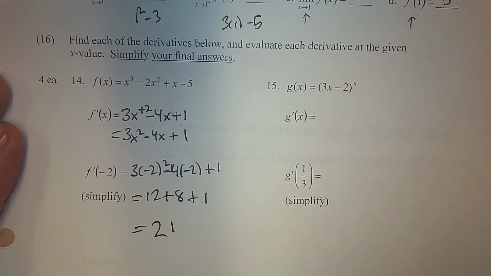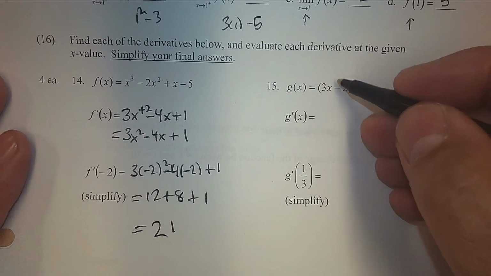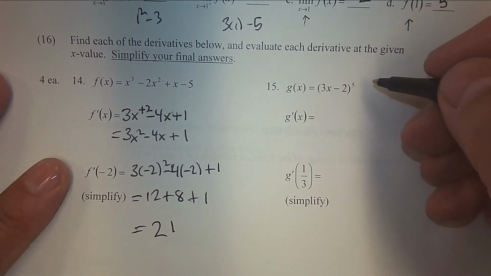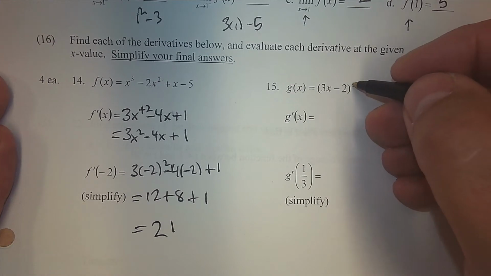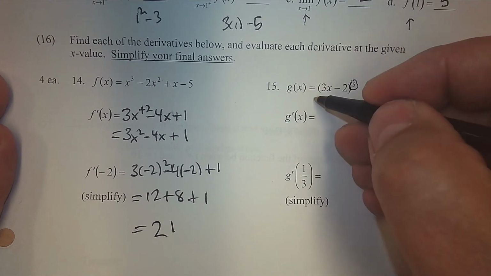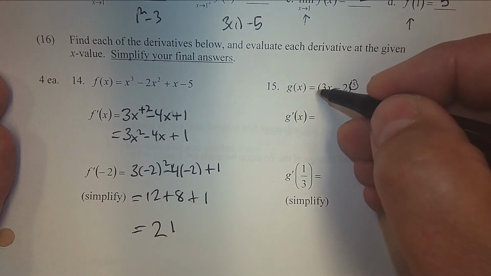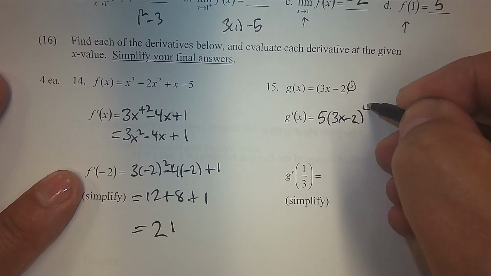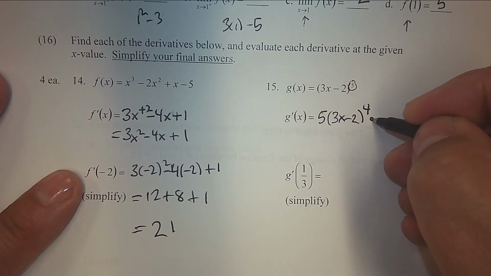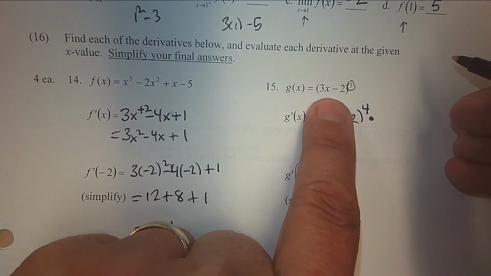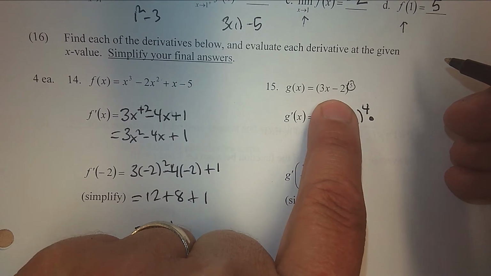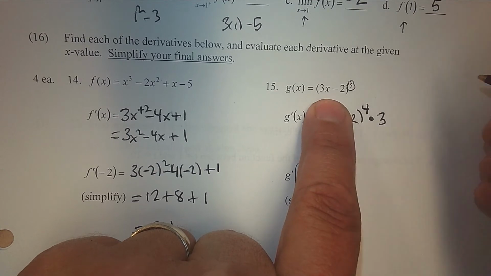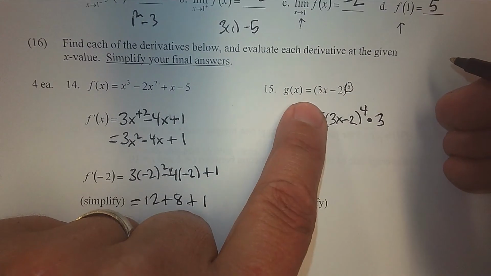15. This is going to involve the chain rule because we have a base that we need to get a hook from. So we first handle the outside part, which is the exponent. What's in front of the parentheses, we multiply. So 5 times 1 is 5. We rewrite the base and then subtract 1 from the exponent times, now we have a hook. The base, we take the derivative of. So the base here, what's inside the parentheses, the derivative is just 3. So 3x, the derivative is 3.